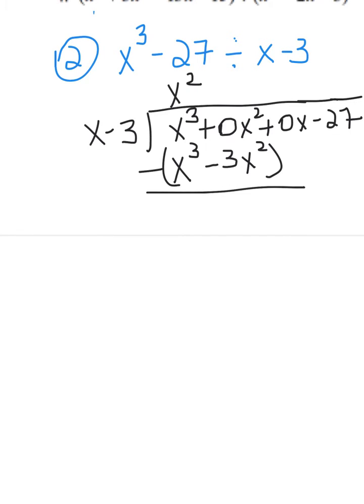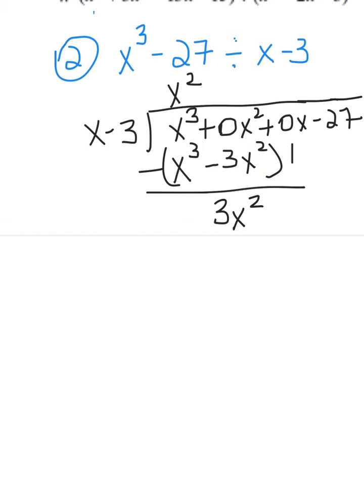That's why I use parentheses when I'm doing these subtractions. You probably noticed that I put parentheses around here before I subtract, and this is why. Because if you have a negative sign in front of here, and then another minus sign here, this is actually minus a negative. And so this is actually going to be adding. So 0 plus 3, so we end up with 3x squared.